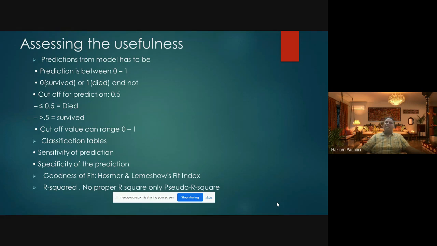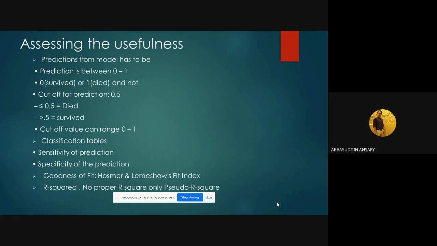Any guesses? You can guess. Maybe the relation between these variables is weak.